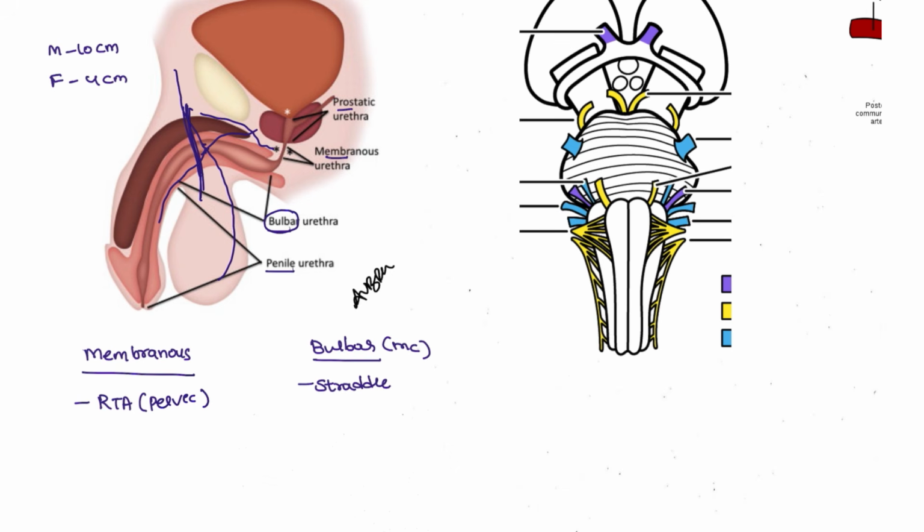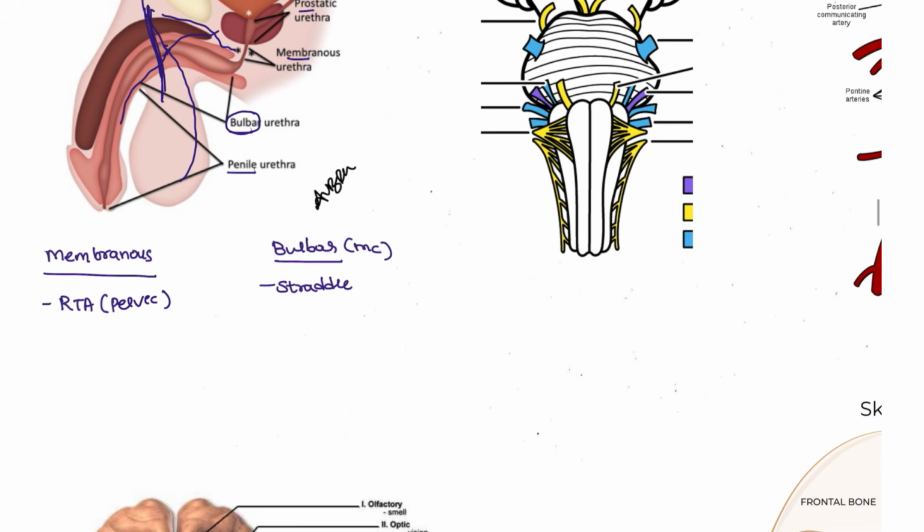So the urine is going to extravasate in the penis, the scrotum, the abdominal wall, and the superficial perineal pouch. These are the structures that are going to be seen.